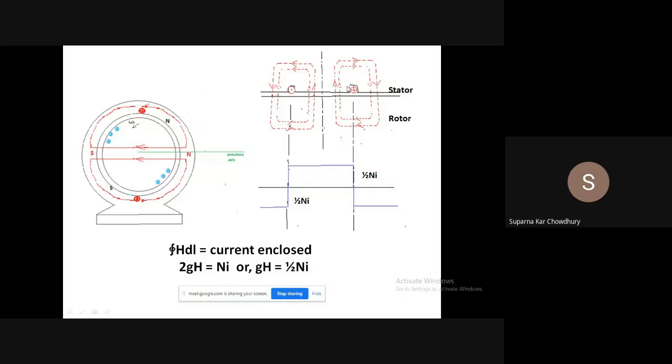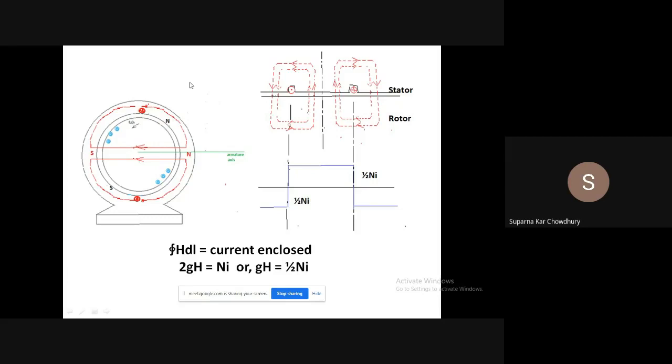If we draw this figure, if we just spread it out, this is the winding, this is the conductor. The MMF distribution will be like this. In between we will have positive MMF, and here we will have negative MMF.